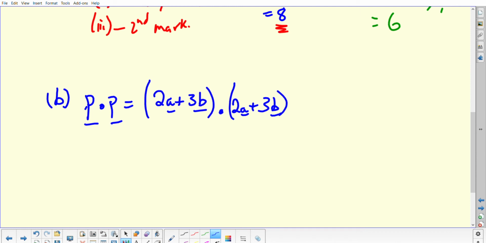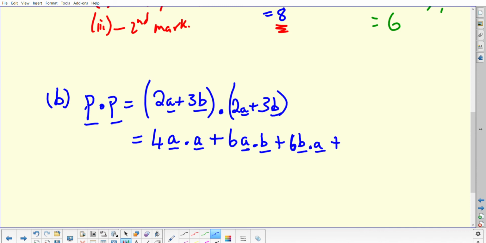Your vector should be underlined, of course, and then it's just standard practice to multiply that out. You're going to get 2 times 2 is going to be 4, so you're going to have 4a dot a. Then your middle term, you're going to have 2 times 3 is 6a dot b, plus 3 times 2 is going to be 6b dot a, and the last term is going to be 9b dot b.